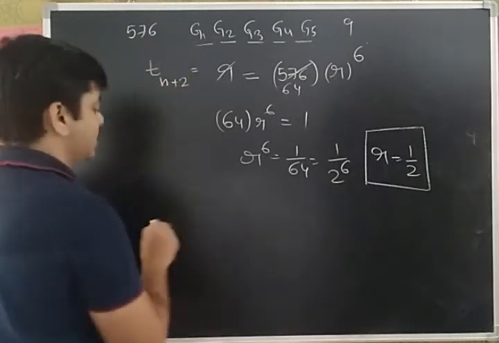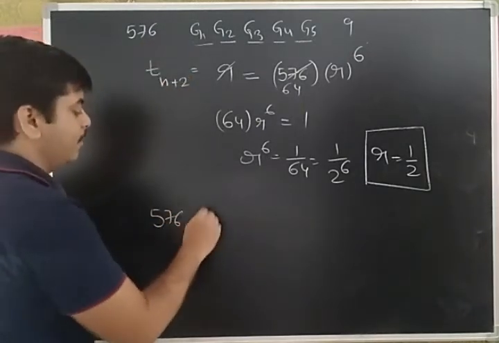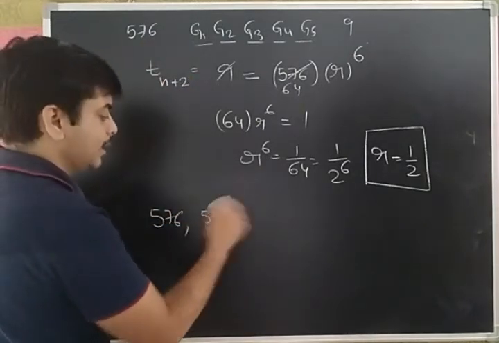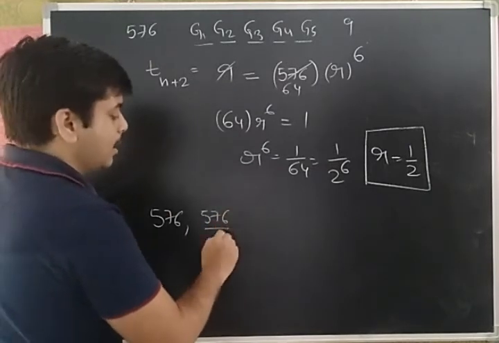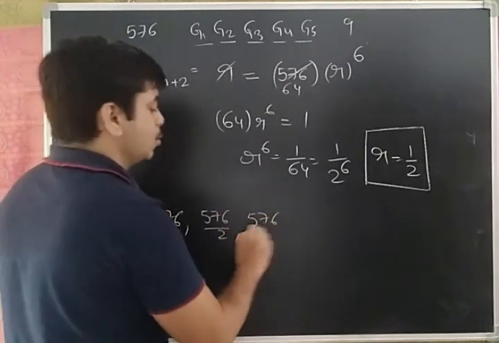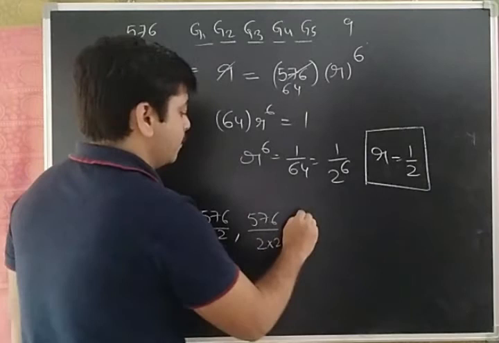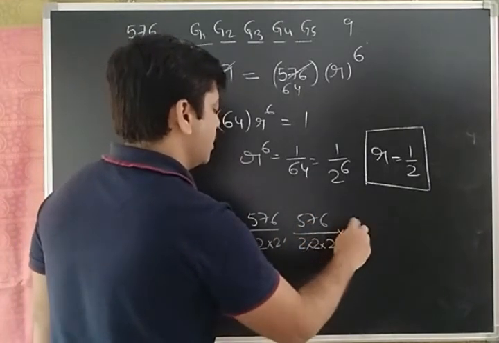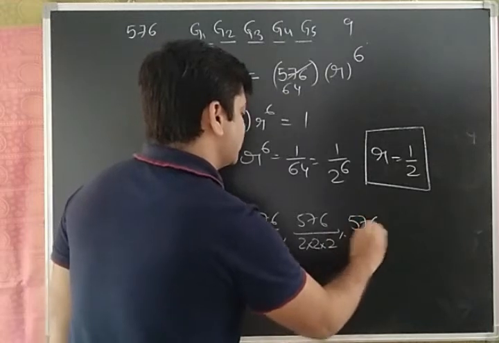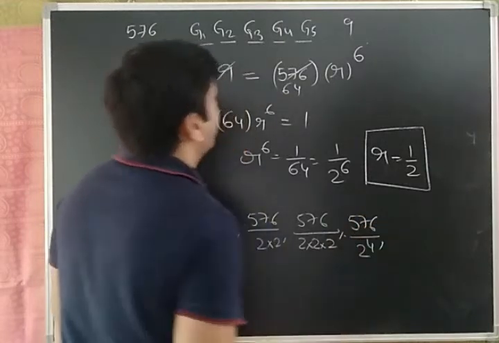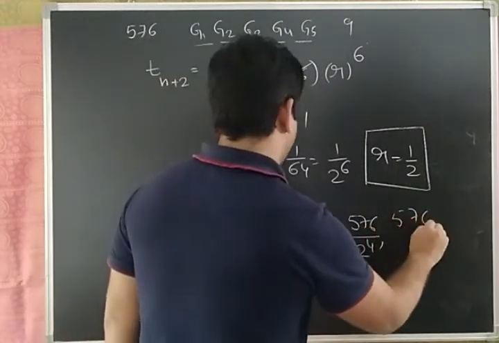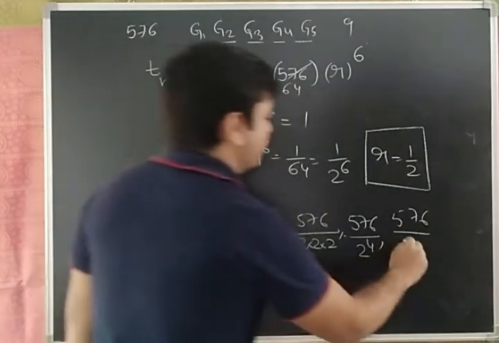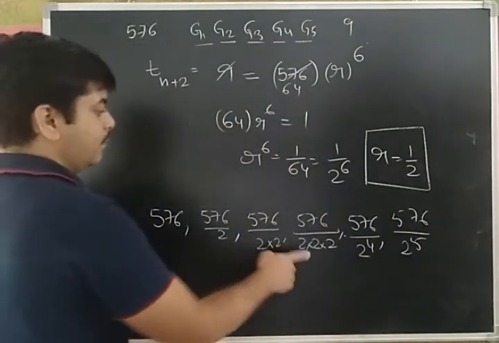So now it is very easy. You have 576. The next term will be 576 into 1 by 2. The next one, 576 by 2 square. The next one, 576 by 2 cube. Next, 576 by 2 power 4. Next, 576 by 2 power 5. 1, 2, 3, 4, 5, 6.